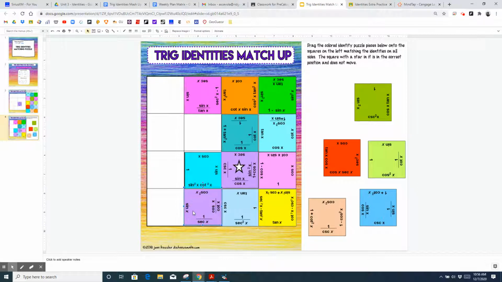So I see sine of x. I have two different things that are equal to the sine of x on the left here and here. So I need something on the right that's equal to the sine of x. So that could be this right here. So we have cosine times tangent, that's equal to the sine of x. Or I could put that here. So let's see. I need something equal to 1 on the bottom and on the right.